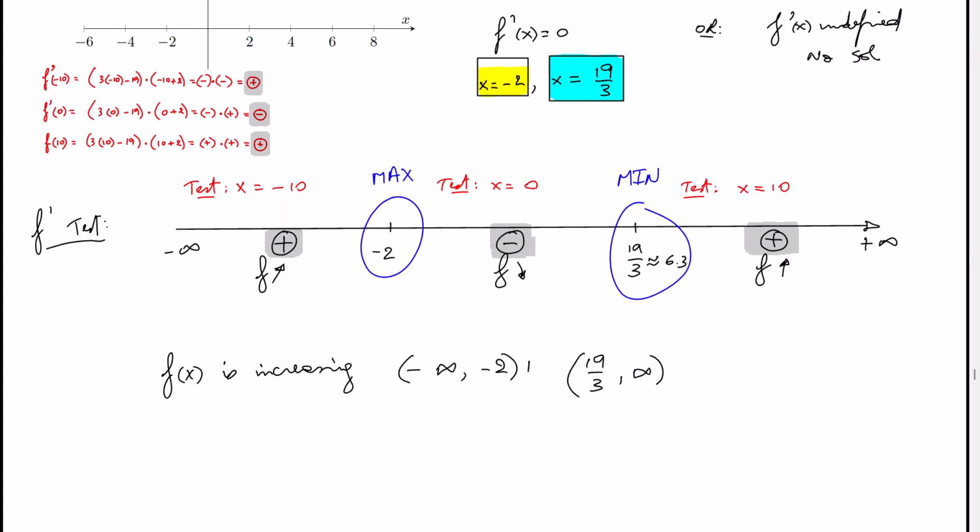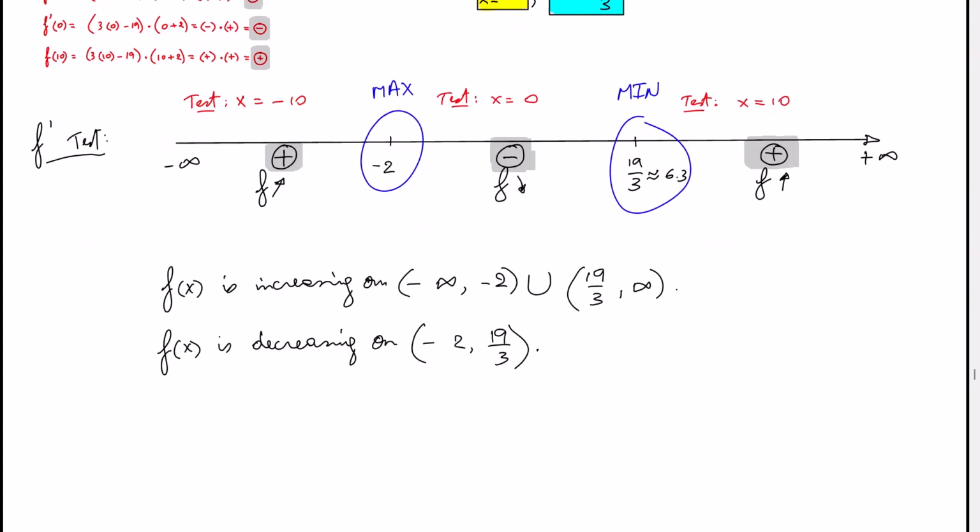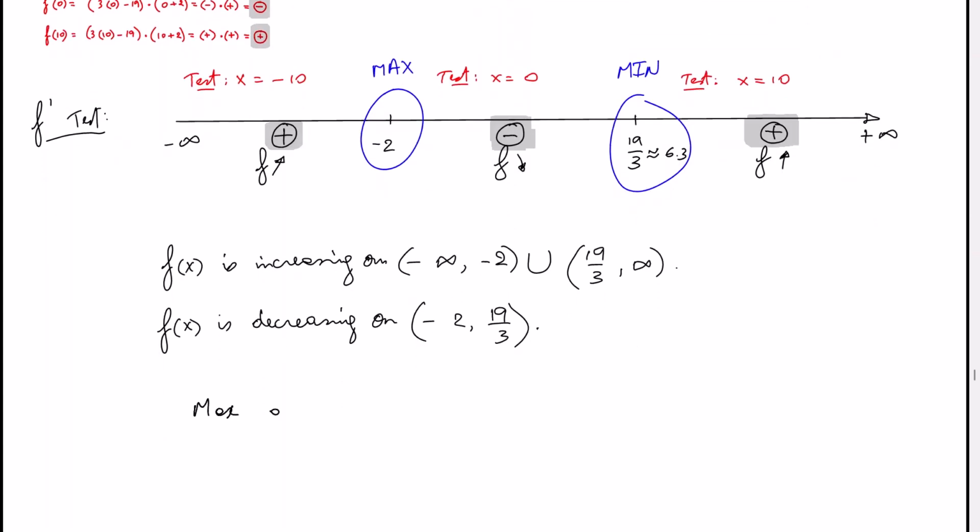So this U is supposed to say that there are two intervals on which the function f of x is increasing, whereas the function f of x is decreasing only on one interval, and we're going to say it's decreasing on the interval from negative 2 to 19 over 3. So increasing on the interval, decreasing on this interval, and we have a maximum at the x value negative 2, and we have a minimum at the value where x is 19 over 3.